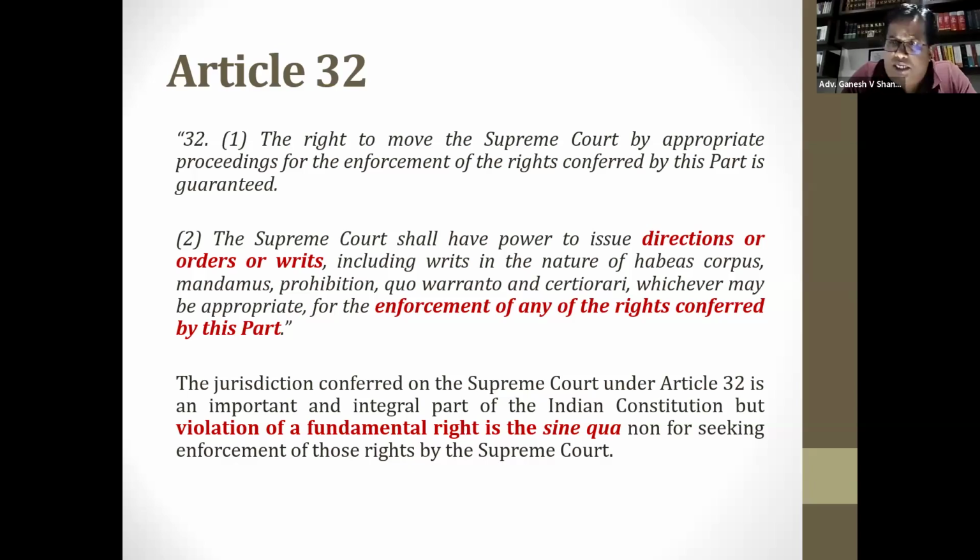Apart from these, there is no restriction on the powers of the Supreme Court under Article 32 to issue any other direction, orders, or writs, because, as I said, this is a discretionary extraordinary power, where it can issue any direction as it likes, depending on the situation, for the enforcement of the rights conferred by this part.